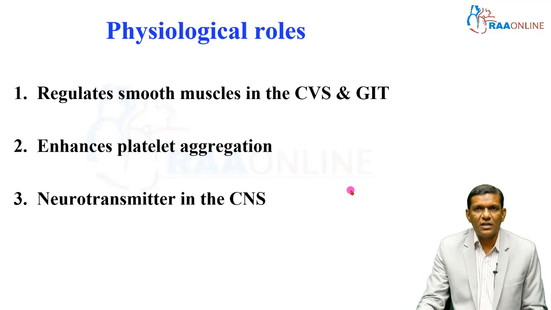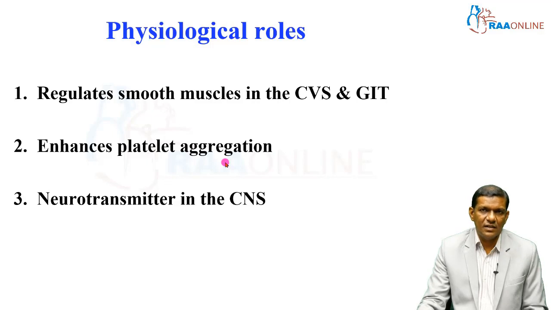So coming to the physiological roles of serotonin. Basically it has effects in three major systems. The main thing is, first, it regulates the smooth muscles in the cardiovascular system as well as the gastrointestinal tract. Next, it enhances platelet aggregation, because serotonin is mainly synthesized outside, but it is taken up inside the platelets and stored.